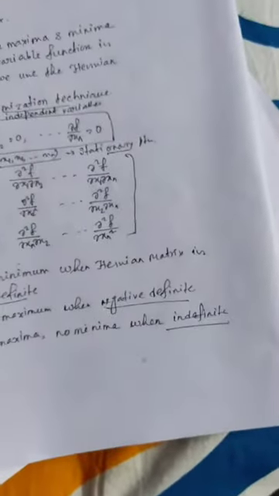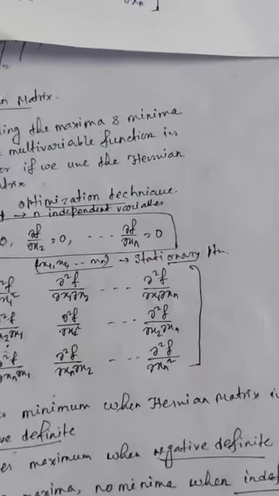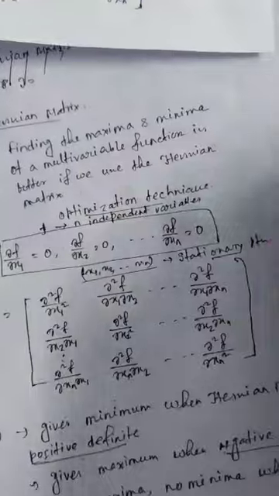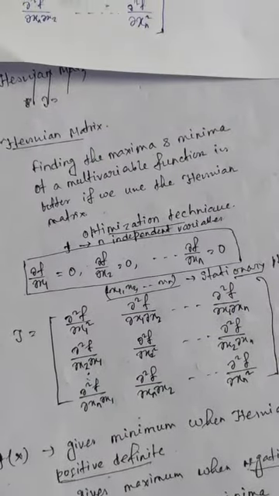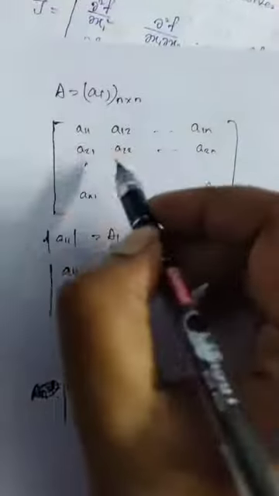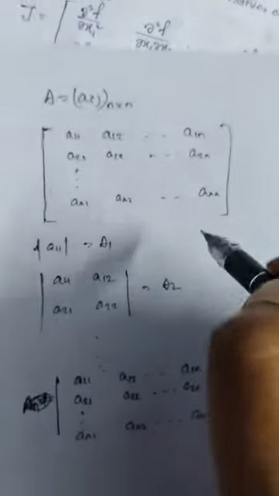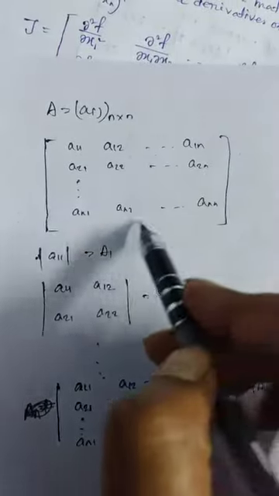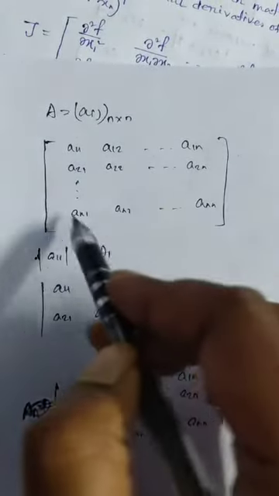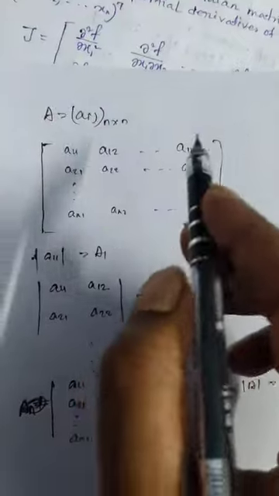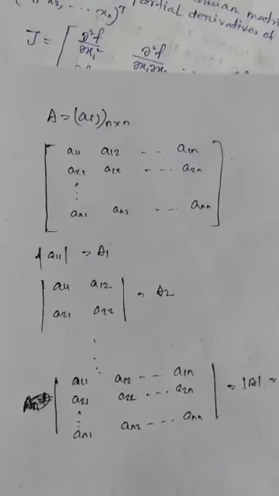First of all, we have to construct a matrix of order n cross n. Suppose we construct a matrix Aij, n cross n, which is a square matrix. And then we have to find all the minors.